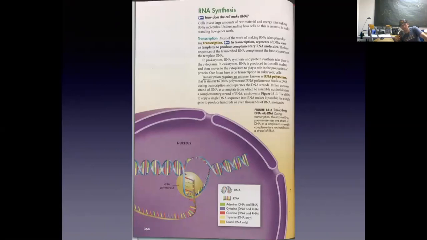I'll have to come up with the numbers, I don't want to lie to you, but they're astronomical. Your cell does this in milliseconds. It's phenomenal that it can do this so quickly.